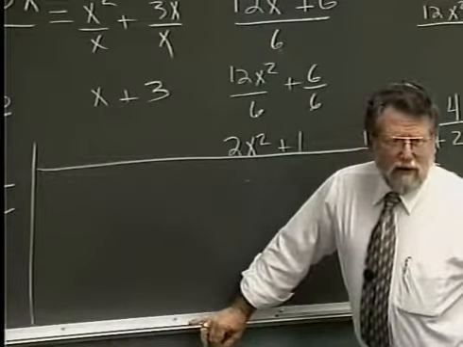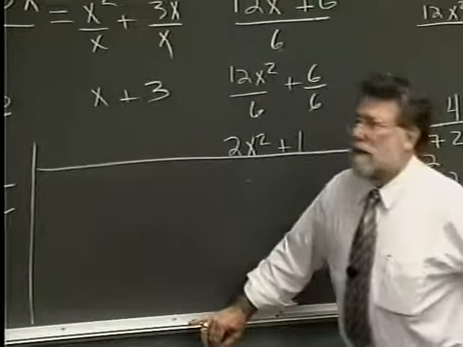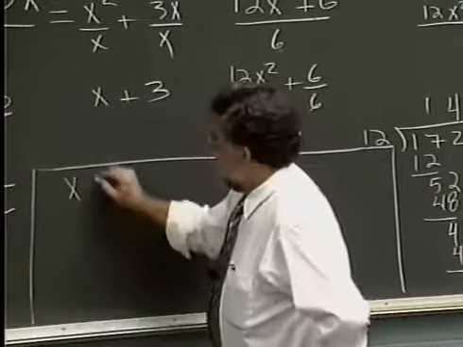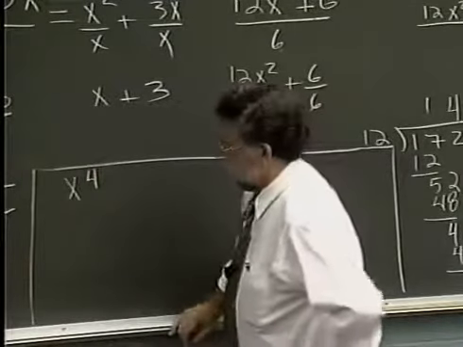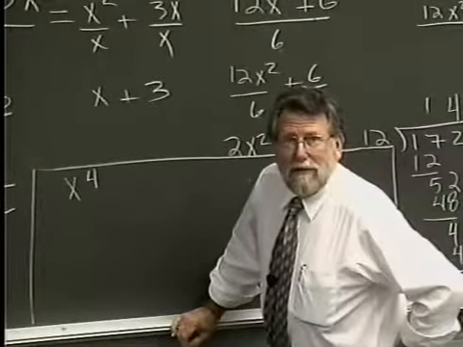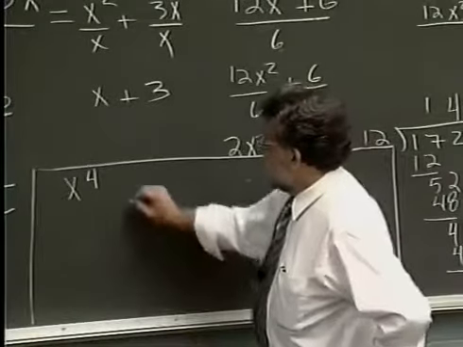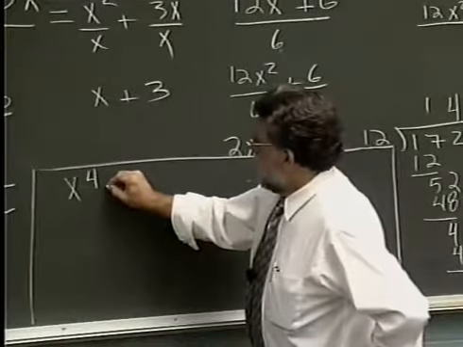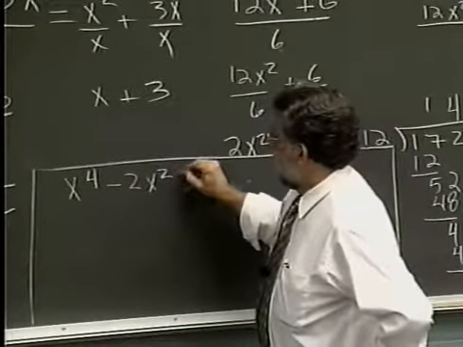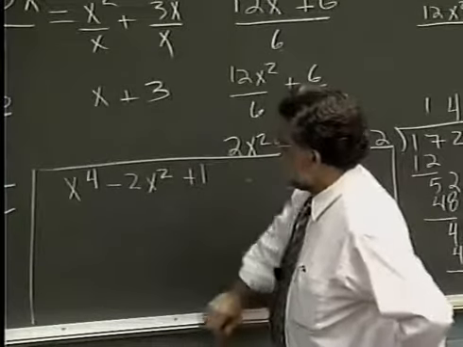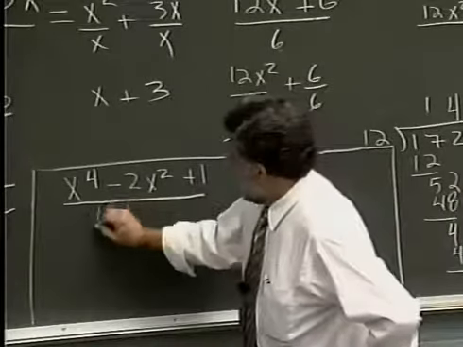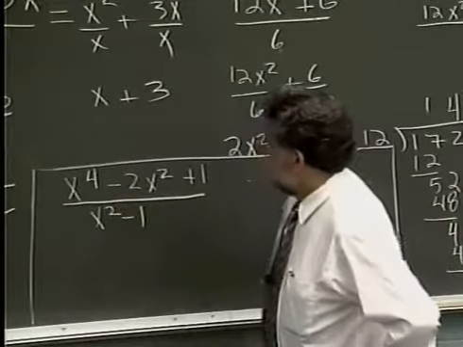Okay, my problem I want to consider. x to the 4th. Just a minute, I've got to think this one through. Well, this isn't going to work as well as I may have in mind. Minus 2x squared plus 1, divided by x squared minus 1.